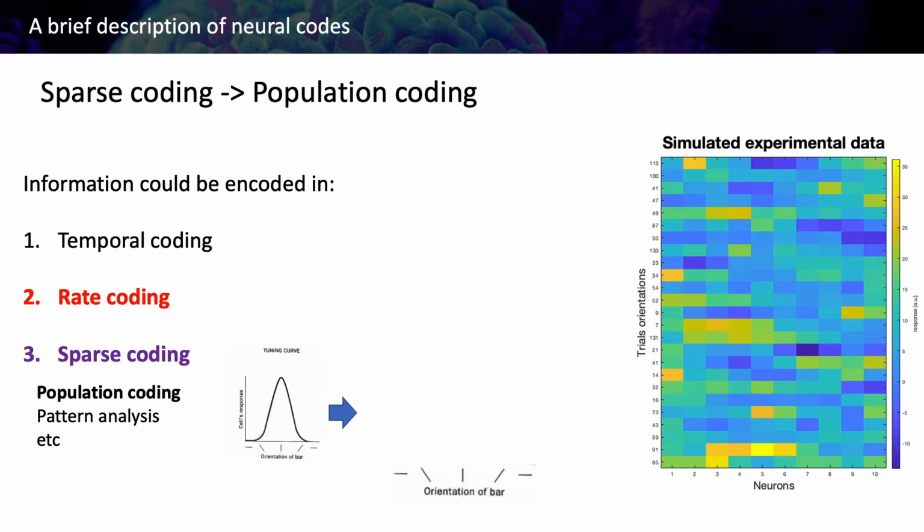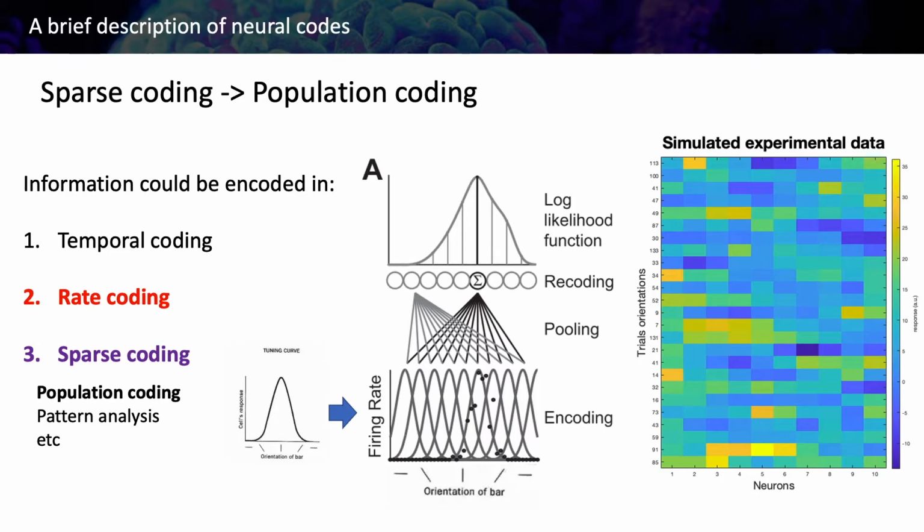When you have neurons with different tunings, in the end, what we can propose is that the computational strategy that neurons are using in order to encode and decode information from the external world is the population coding strategy or model. So in this case, imagine that you have a lot of neurons, and each tuning curve is a neuron or a channel, let's say.